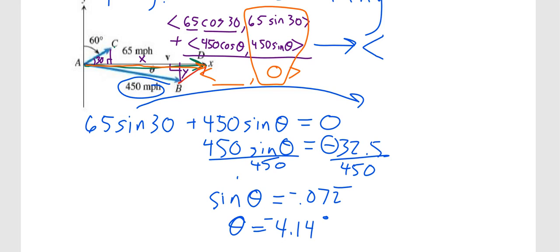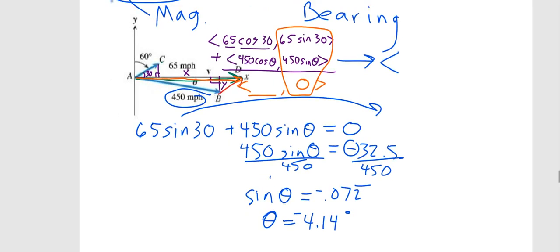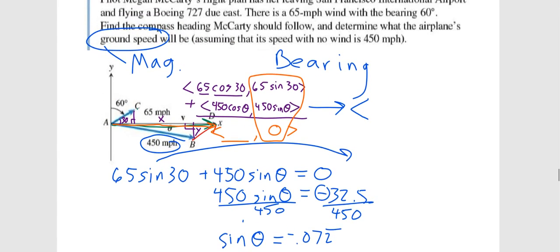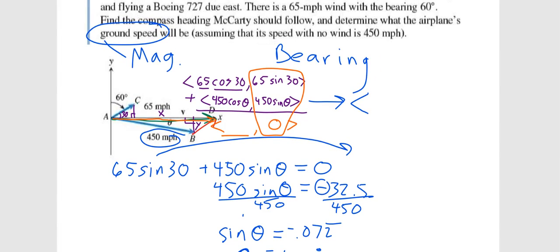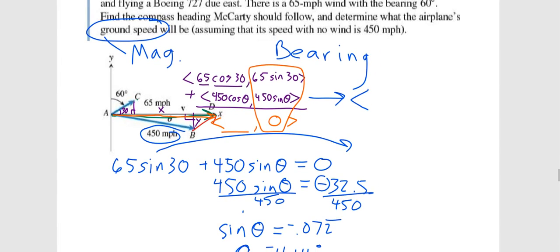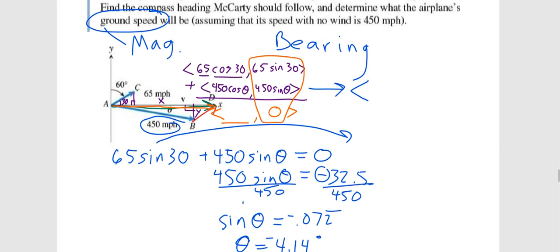Come on. Maybe I should ask this question. Do we want to find the compass heading McCarty should follow and determine what the airplane's ground speed will be?